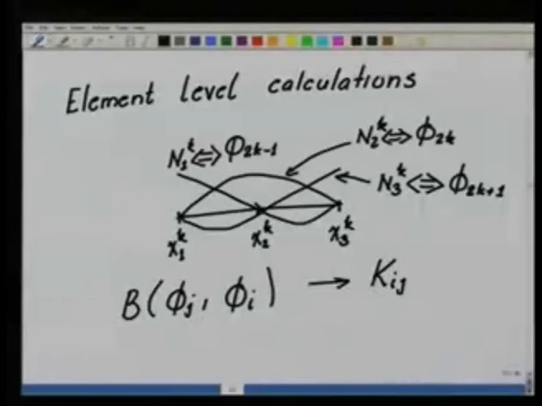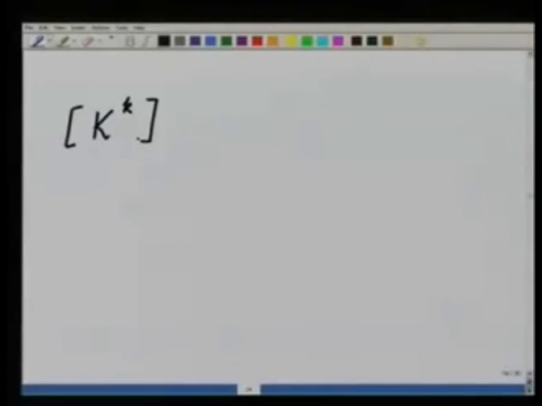Similarly, j is equal to 2k minus 1, j equal to 2k, and j is equal to 2k plus 1. So let us find these contributions. How had we found these contributions earlier? So what we are going to define now is, for this element k, the element stiffness matrix. Now what will be the size of this element stiffness matrix? Because there are now 3 n's or 3 phi's which are non-zero in the element, it will be a 3 by 3 matrix. Okay.